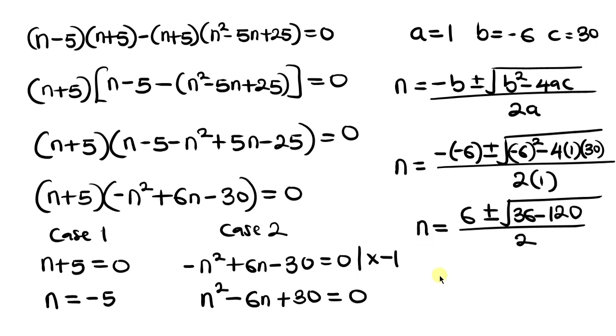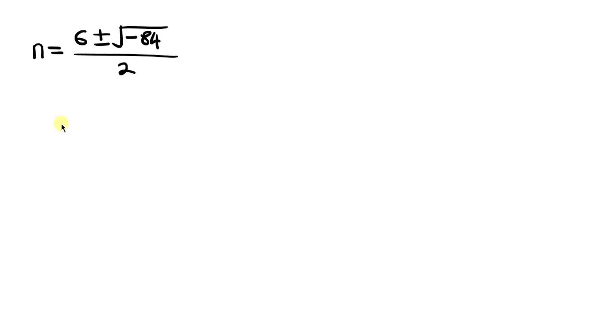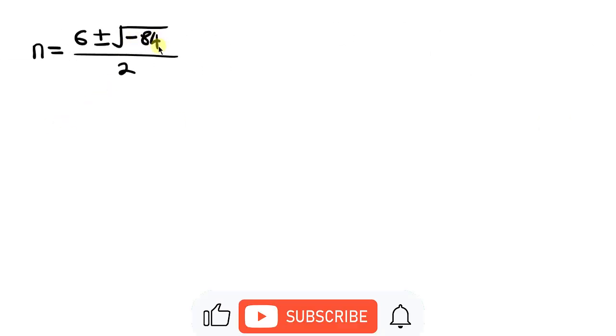Alright, so this becomes n equal to 6 plus or minus the square root of. Now 36 minus 120 is negative 84, all over 2. Now our next step will be for us to simplify negative 84.